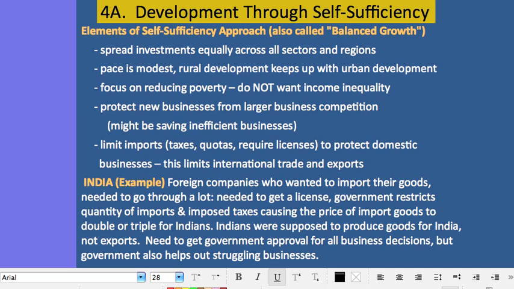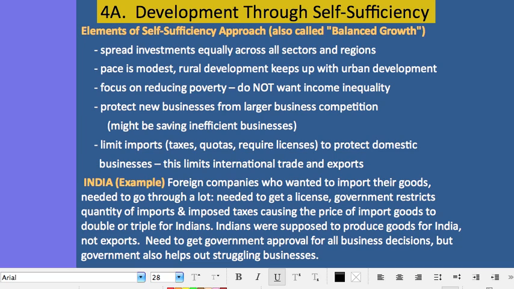I mean, everything gets an equal amount of money, equal support. Regions, we might look at a northern versus southern region, or maybe an urban versus rural region. So investments are spread equally across all sectors and regions of society, so everybody has equal access to resources and money and help to develop.